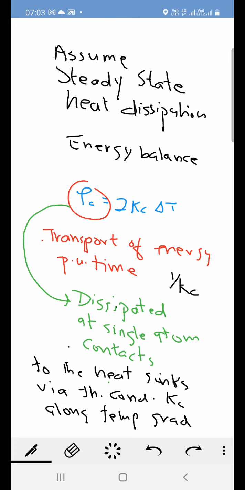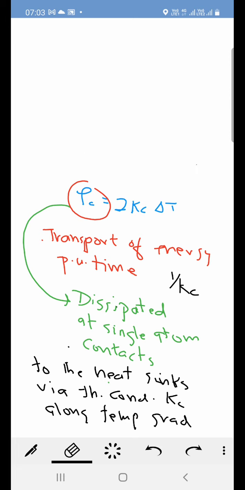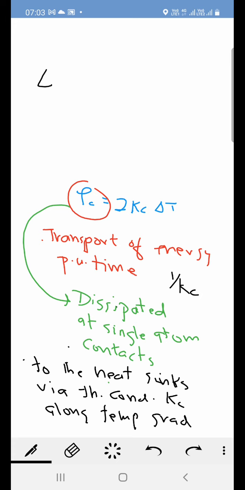By temperature gradient, we mean the difference in temperature. So that is delta T, T effective minus T0.